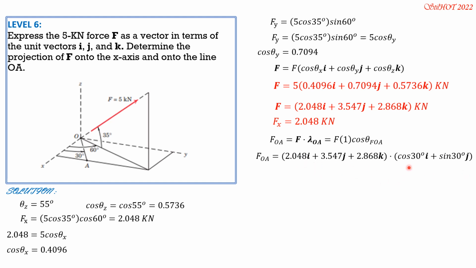So 2.048 cosine 30 plus 3.547 times sine 30. i dot j is 0. Remember, j dot i is also 0. Then k here has no partner, so that will be 0. So FOA is equal to 2.048 times cosine 30 plus 3.547 times sine 30. So FOA is equal to 3.547.